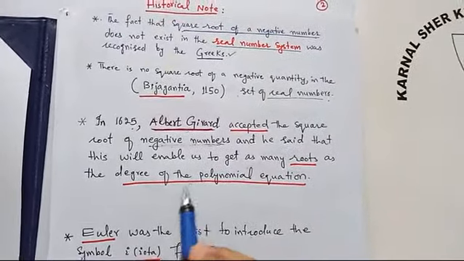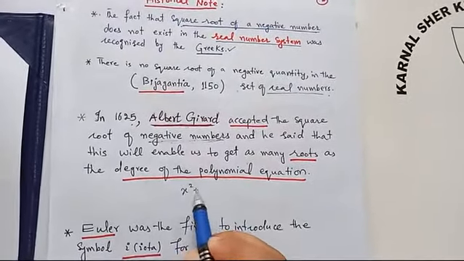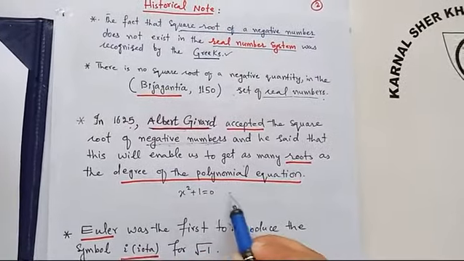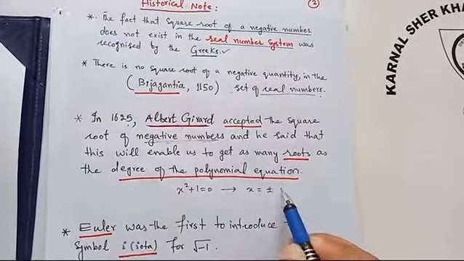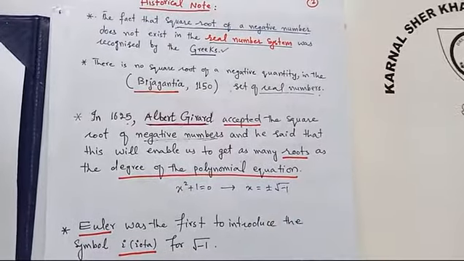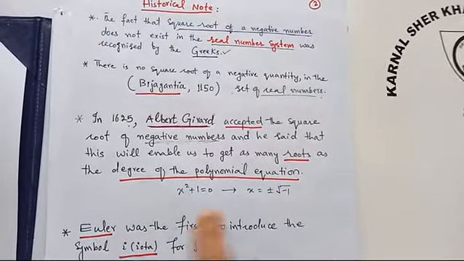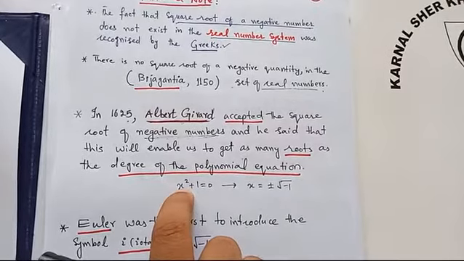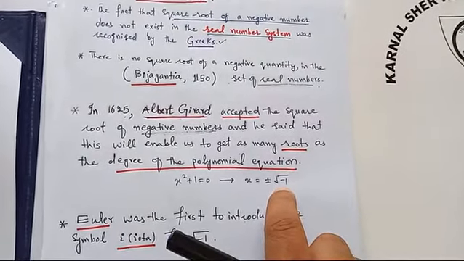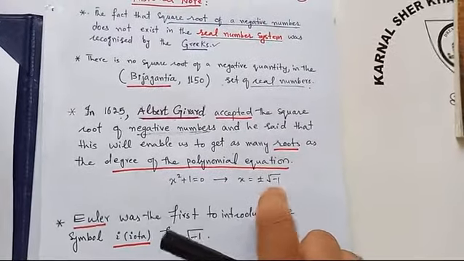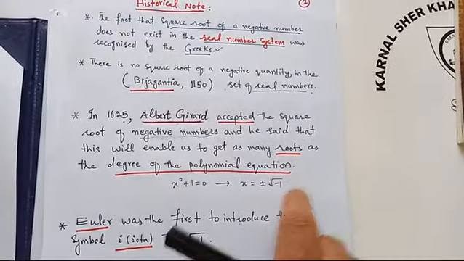This means that for x square plus 1 equal to 0, we get the solution x equal to plus minus square root of minus 1. You clearly see that here the degree is 2, so the number of roots is 2: plus square root of minus 1 and minus square root of minus 1.